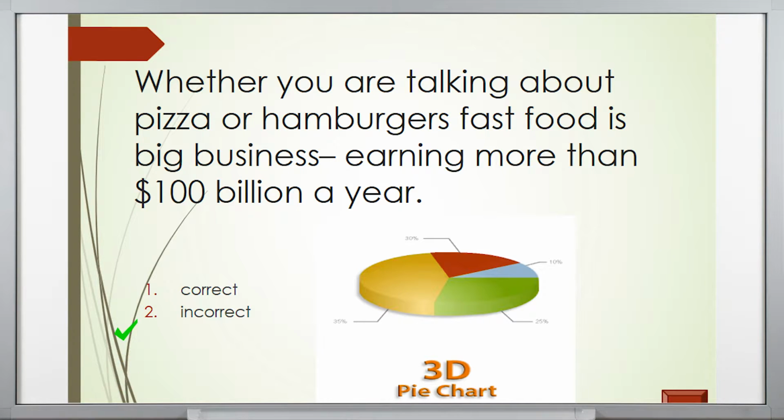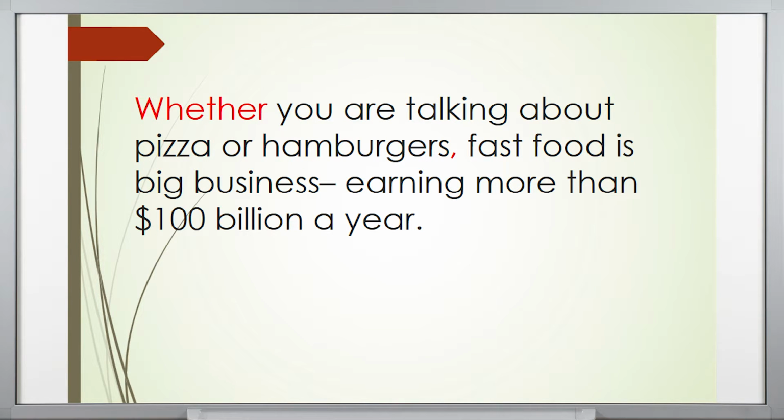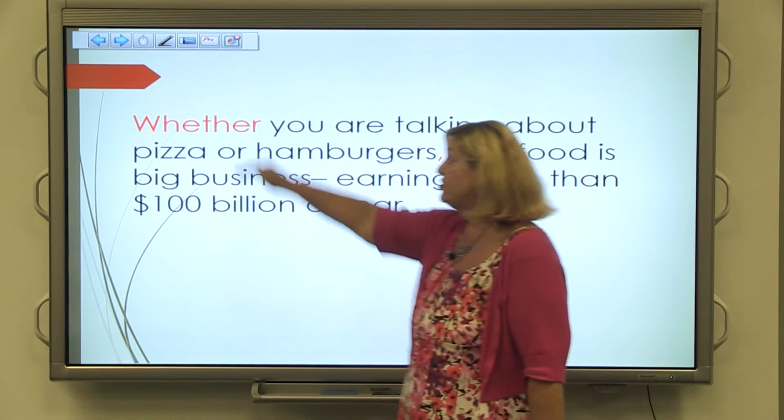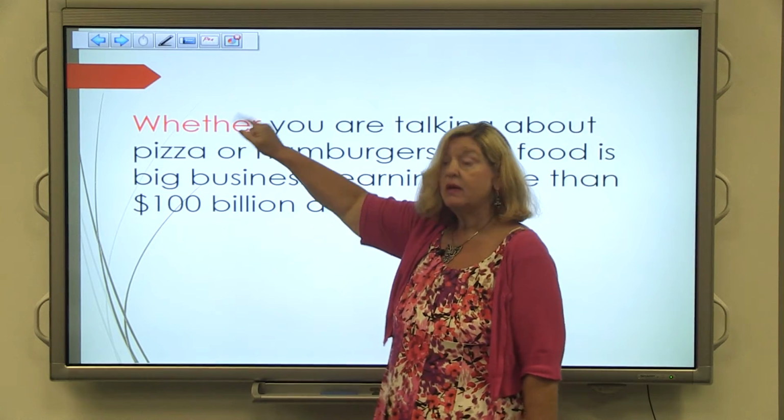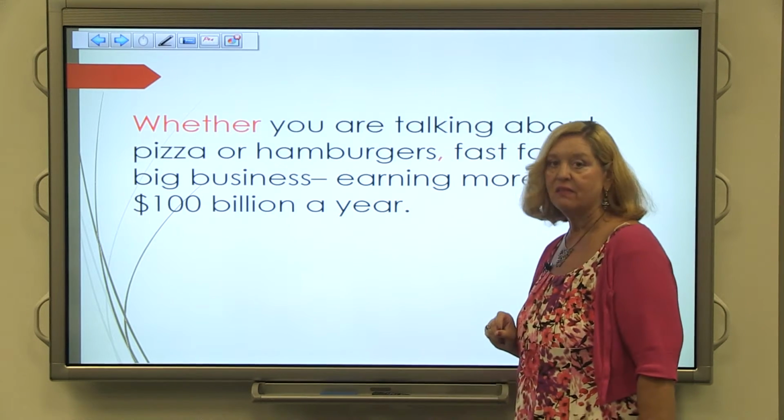It's incorrect. Why? If I'm starting with that dependent word, I'm going to need the comma at the end of that dependent clause. Whether you're talking about pizza or hamburgers, comma, fast food is big business, earning more than $100 billion a year. So in other words, if I start with that dependent word, I am going to need the comma.